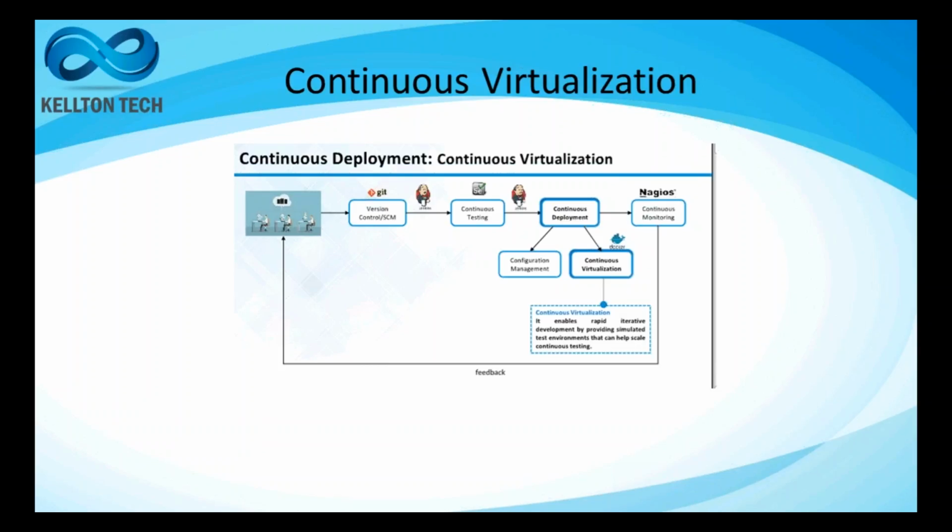Mainly, if the testers want to test some applications and want to spin up a new environment, they can use these tools. If you want to create multiple environments within a short span of time, we can automate this.